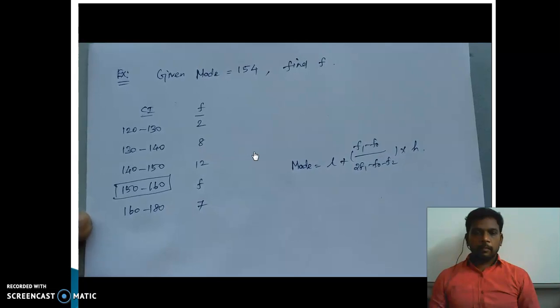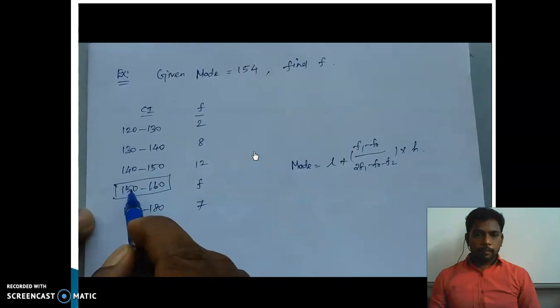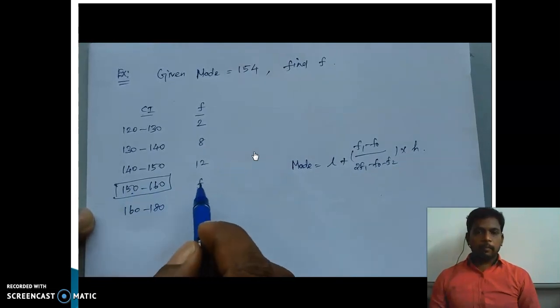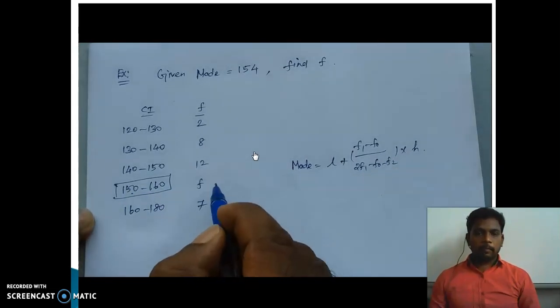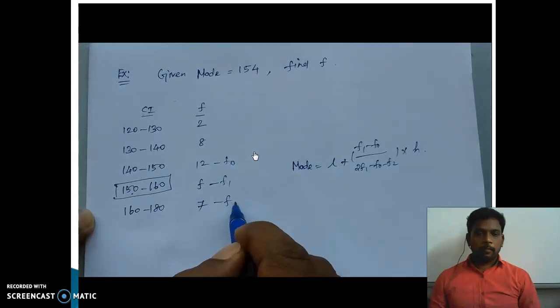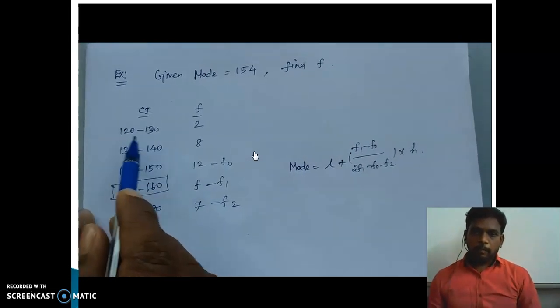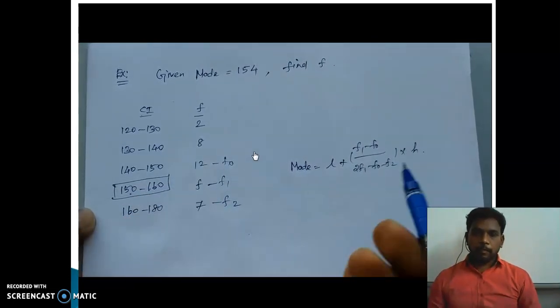Once we find the modal class, we can find all the values here, right? This is the lower limit L value, the corresponding frequency is f1, the previous value is f0, the succeeding value is f2, and the length of class interval here is 10. That's it, so you can substitute directly.